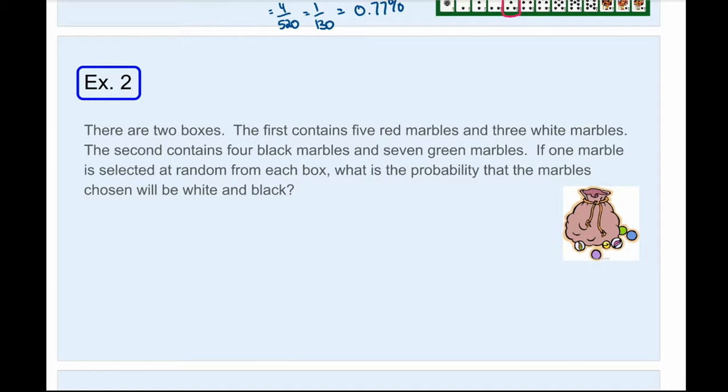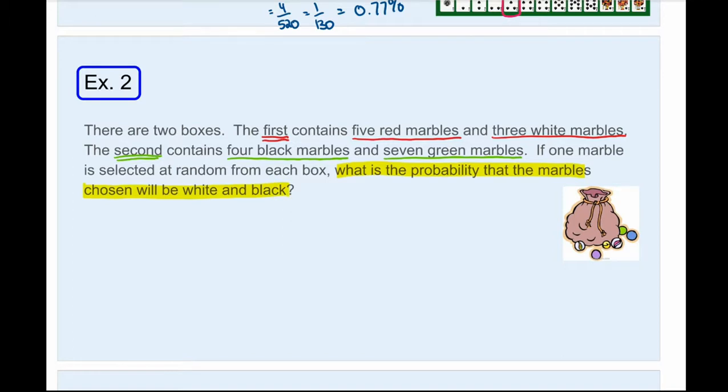The first box contains 5 red marbles and 3 white marbles. The second box contains 4 black marbles and 7 green marbles. If 1 marble is selected from each box, what is the probability that the marbles chosen will be white and black?